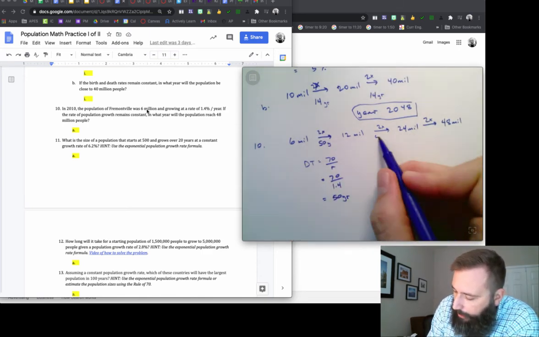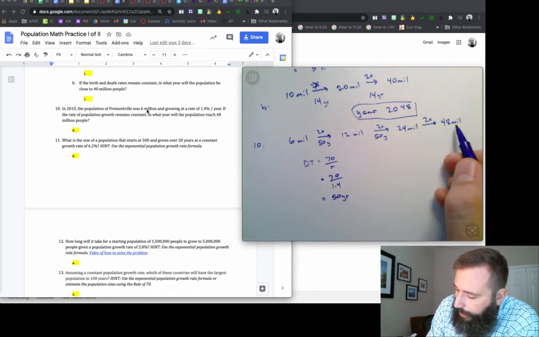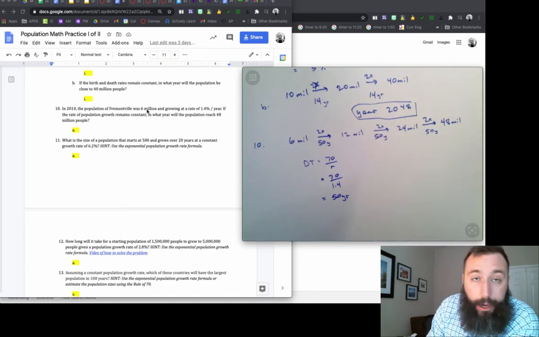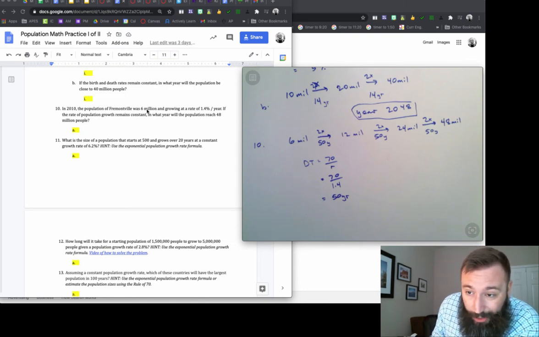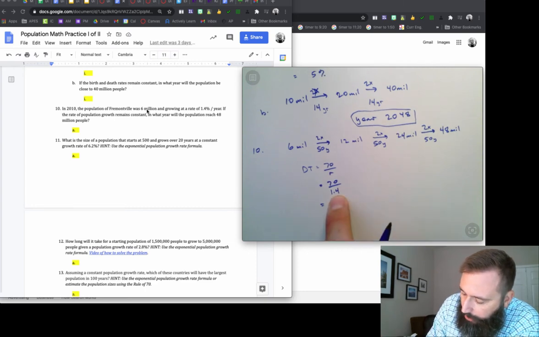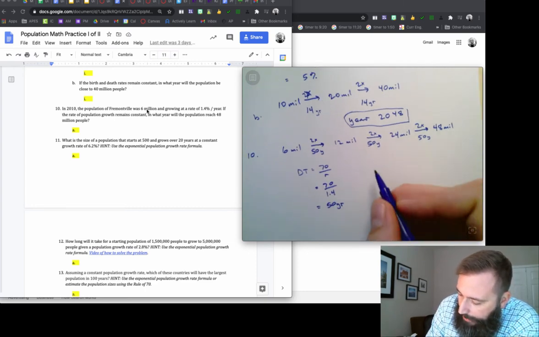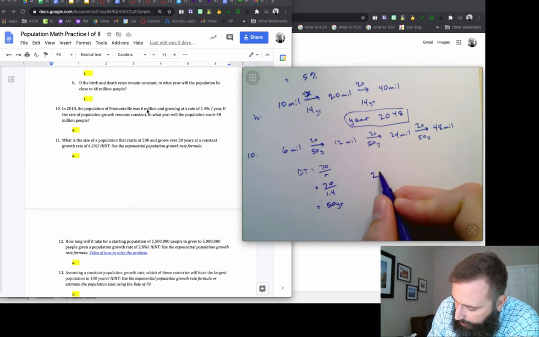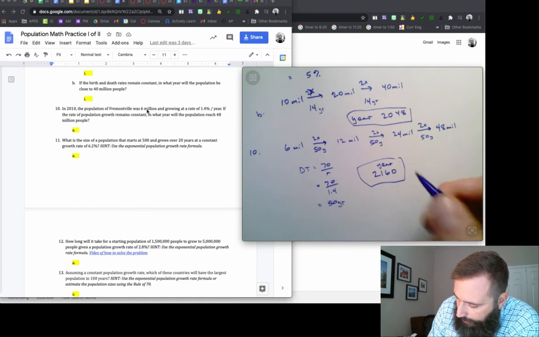To double again, it'll be another 50 years. To double again, it'll be another 50 years, so 150 years. Now think about this. In what year will the population reach 48 million, assuming no change in the growth rate of 1.4%? It will be 150 years later after 2010, so that's going to be 2160. The year 2160.